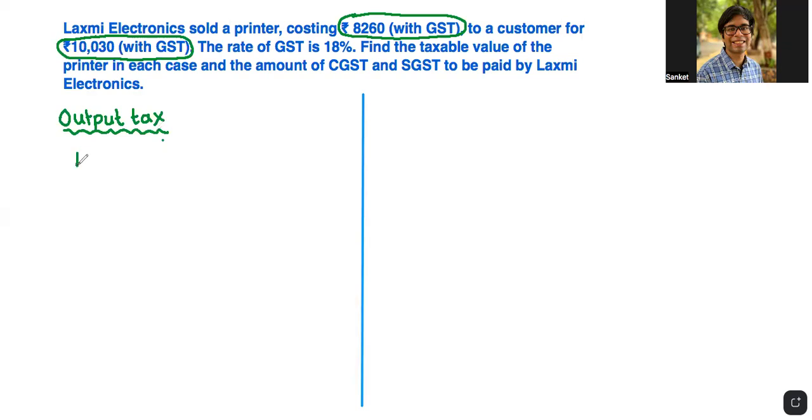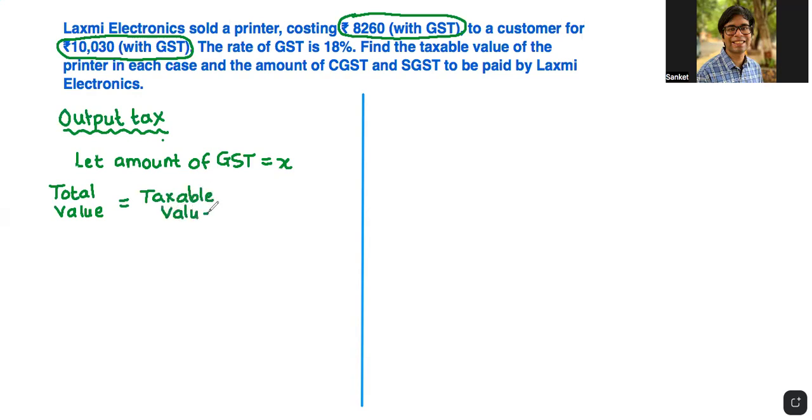So I will say let the amount of GST be equal to X. I know that total value is equal to taxable value plus amount of GST.